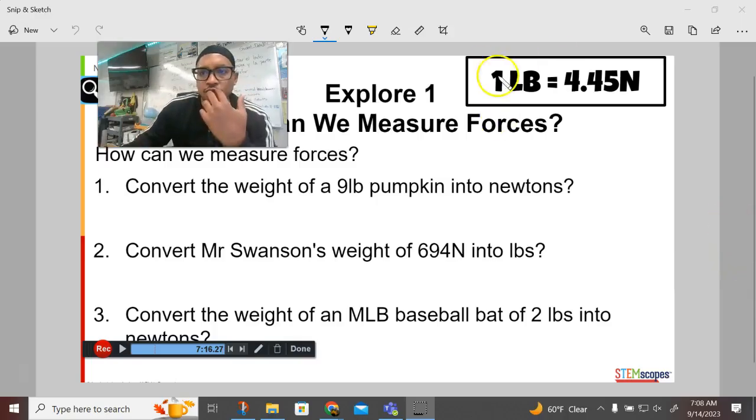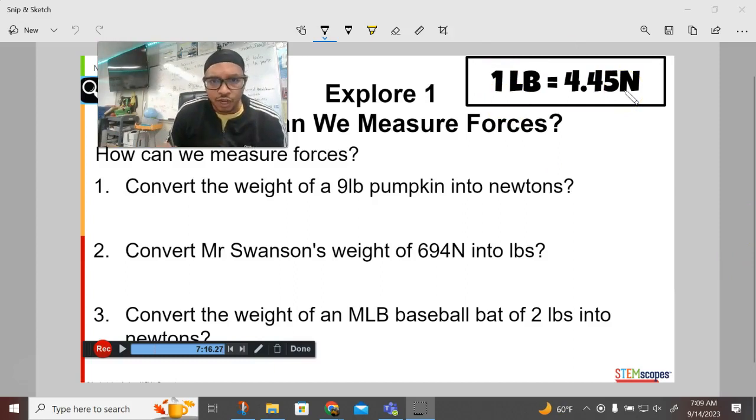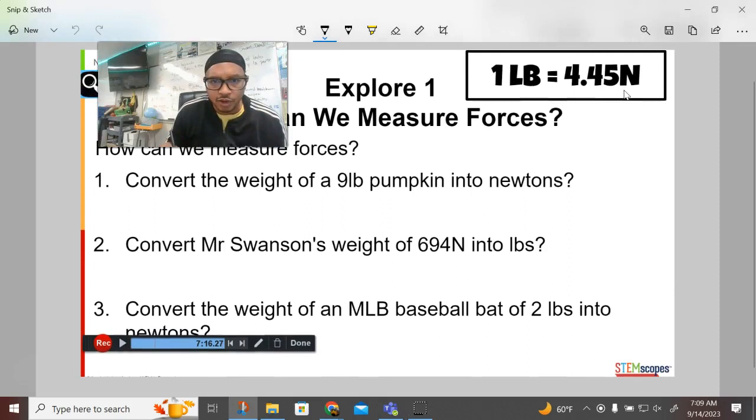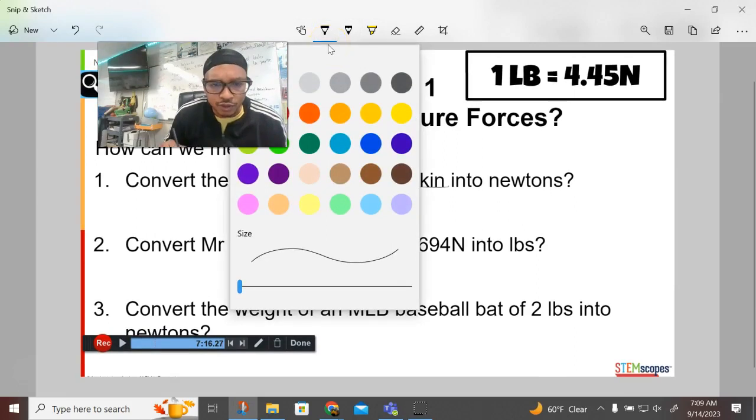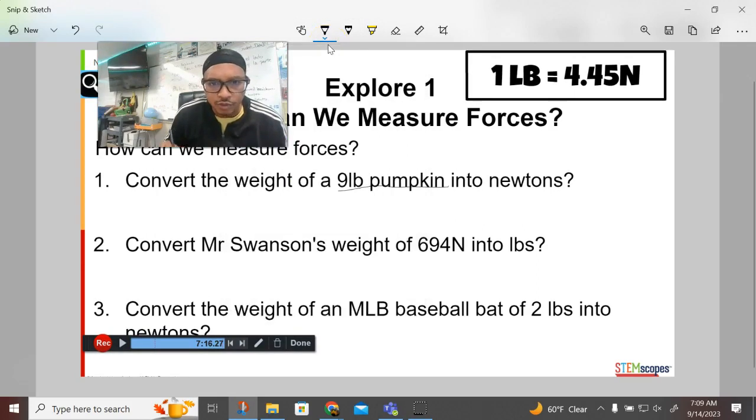Okay, now we're back in this game. So again, we're going to use this conversion factor: 1 pound is equal to 4.45 newtons. So just remember this about converting.